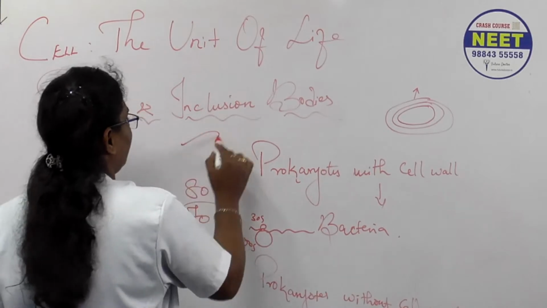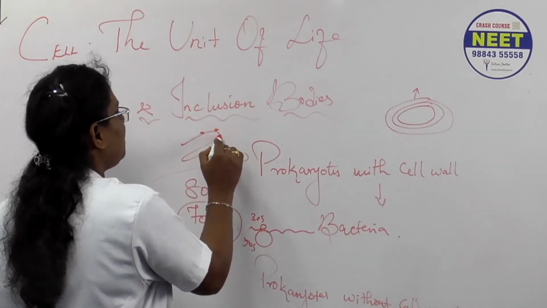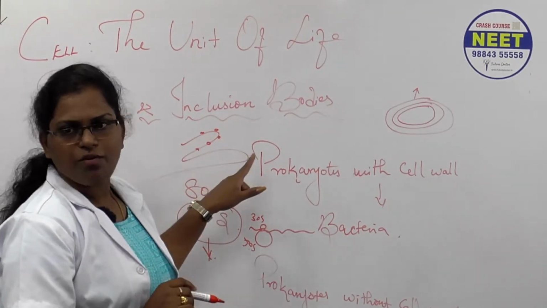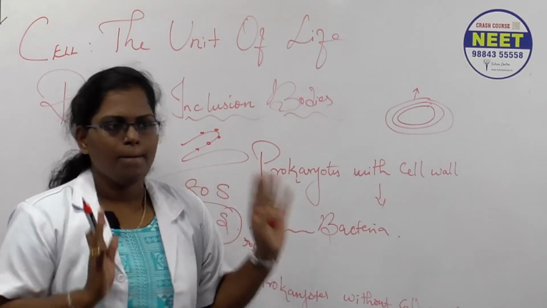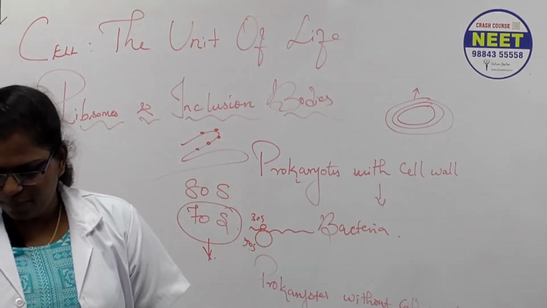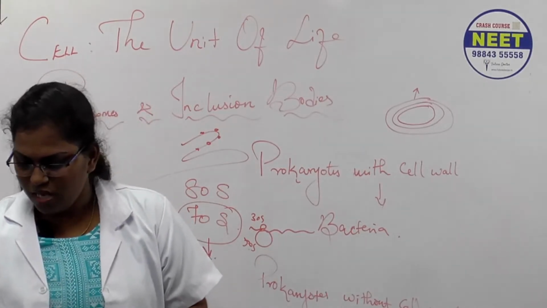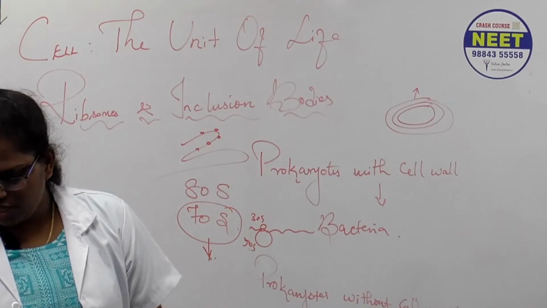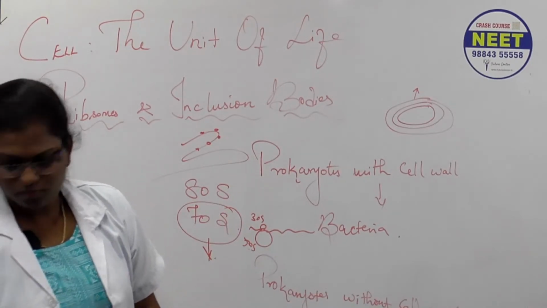Here in the rough endoplasmic reticulum, there are ribosomes making proteins. So ribosomes synthesize proteins. Several ribosomes are attached to a single mRNA and form a chain called polyribosomes or polysomes.